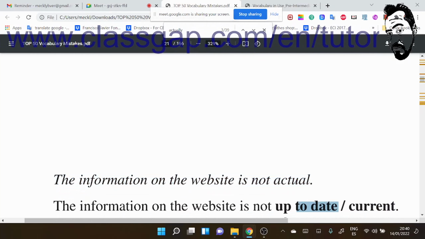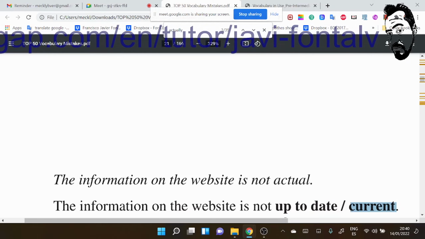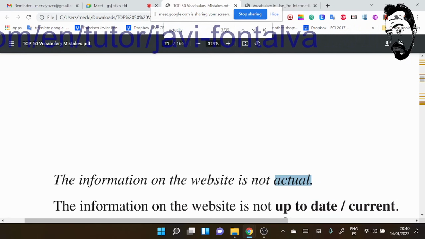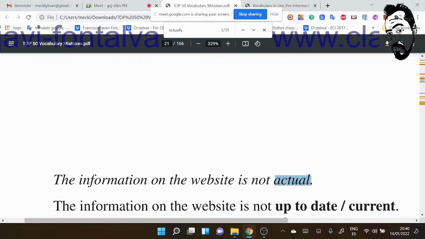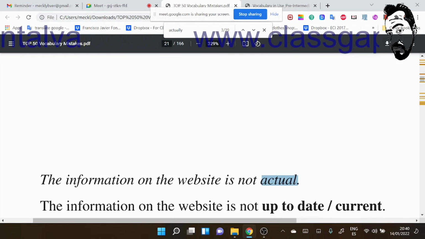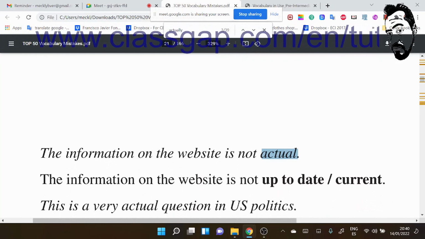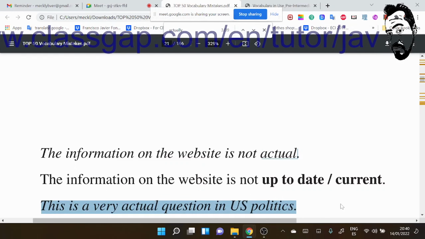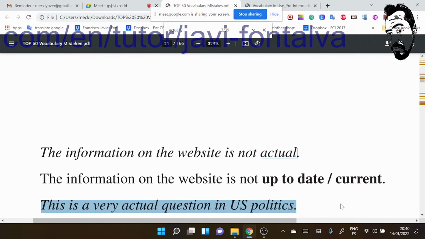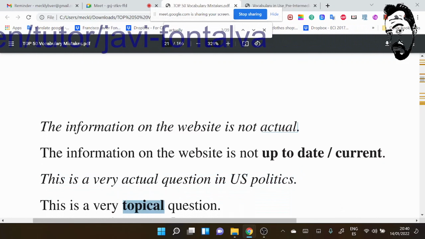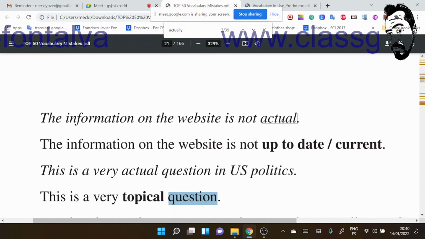Up to date or current? Current. Okay, so actual, it is not actual. It is normally real, verídico. Okay, not a problem here. This is a very actual question in US politics. Again, this is wrong. Topical question. So when you mean now, you can say topical question.